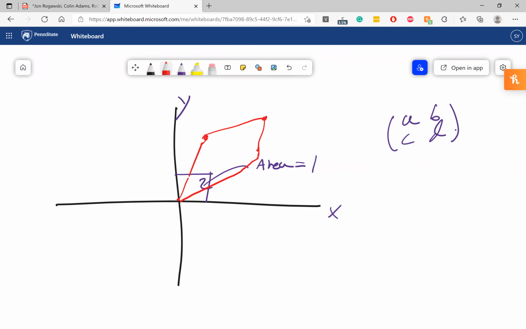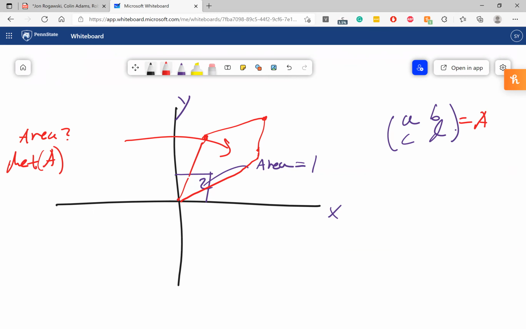That's what happens when I apply the linear transformation to that box. And if you want to know the area of this parallelogram, well, that's the determinant of A.